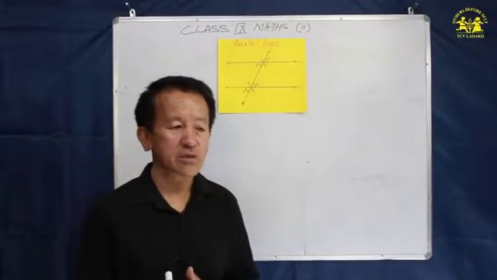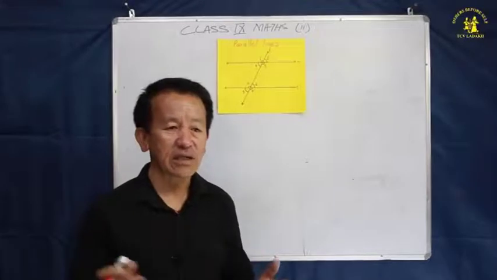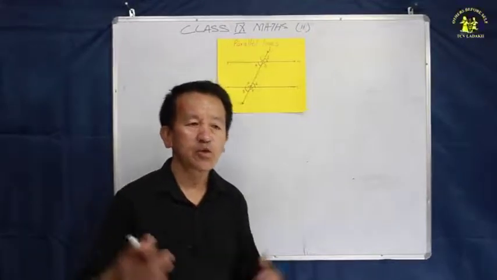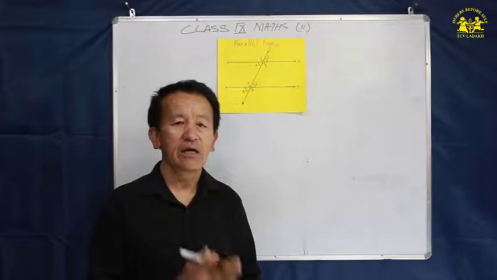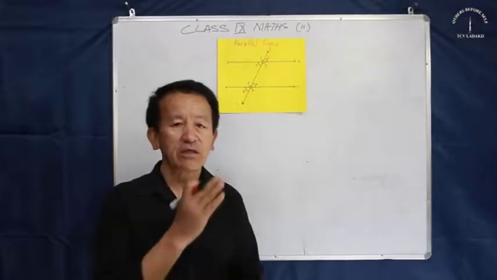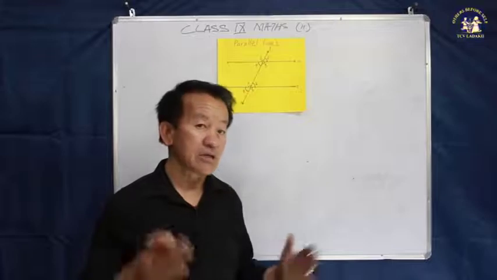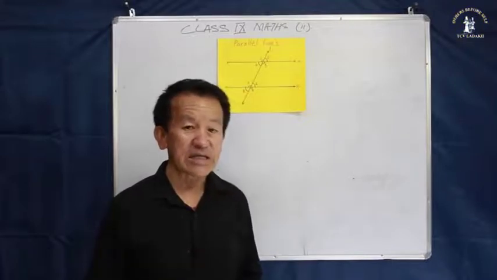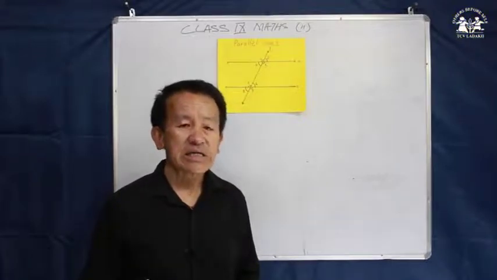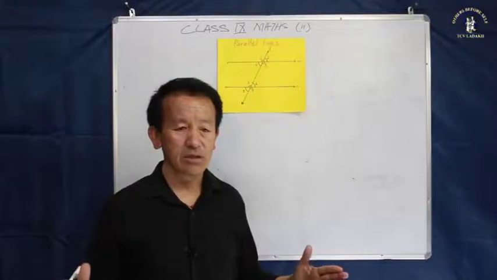First we'll discuss what intersecting lines are. When two lines intersect at a distinct point, these two lines are called intersecting lines. The opposite of intersecting lines is parallel lines.